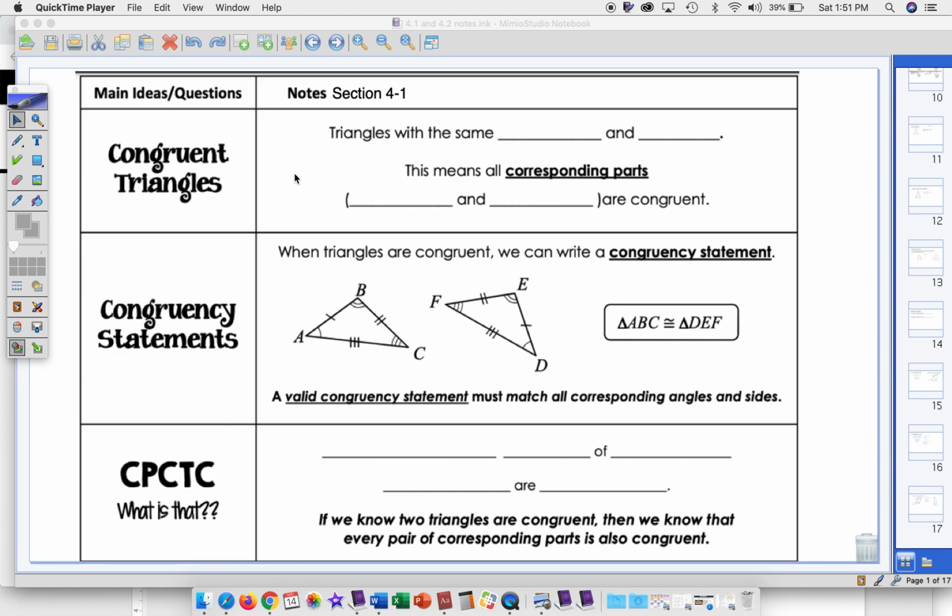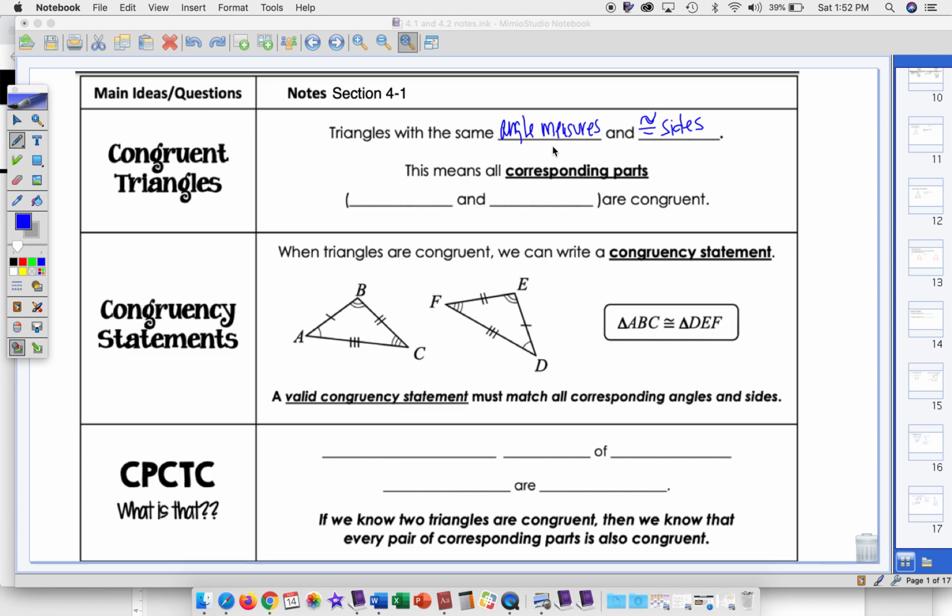So triangles with the same angle measures and congruent sides, that's what makes them congruent triangles.